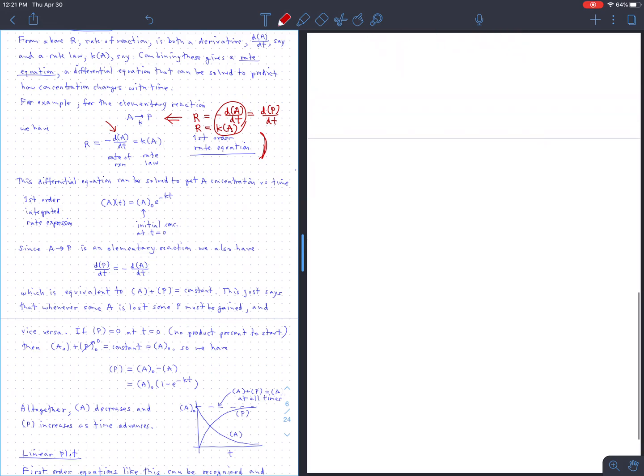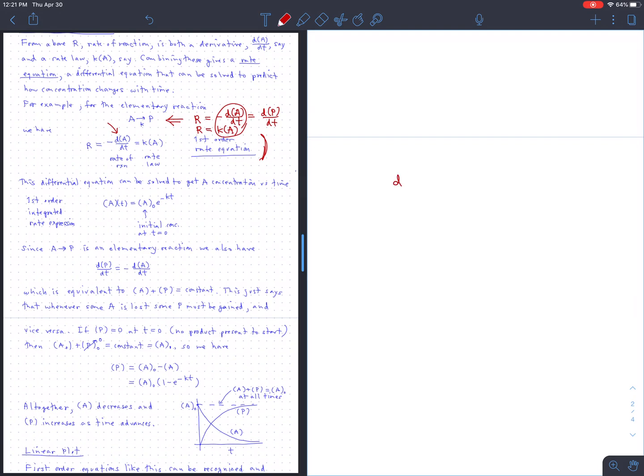If I have my differential equation, dA/dt is equal to minus k times A, then I can rearrange: dA over A is equal to minus k times dt, and now I can integrate both sides.